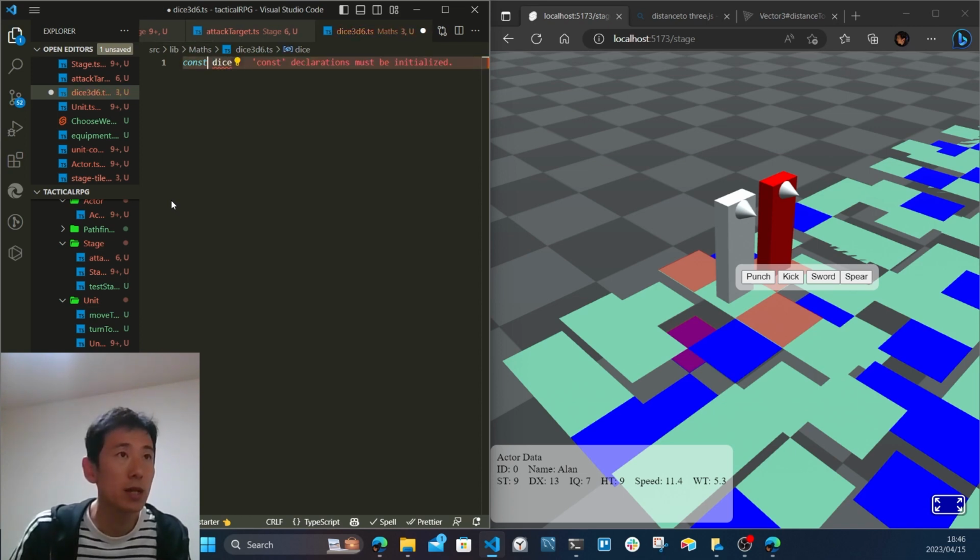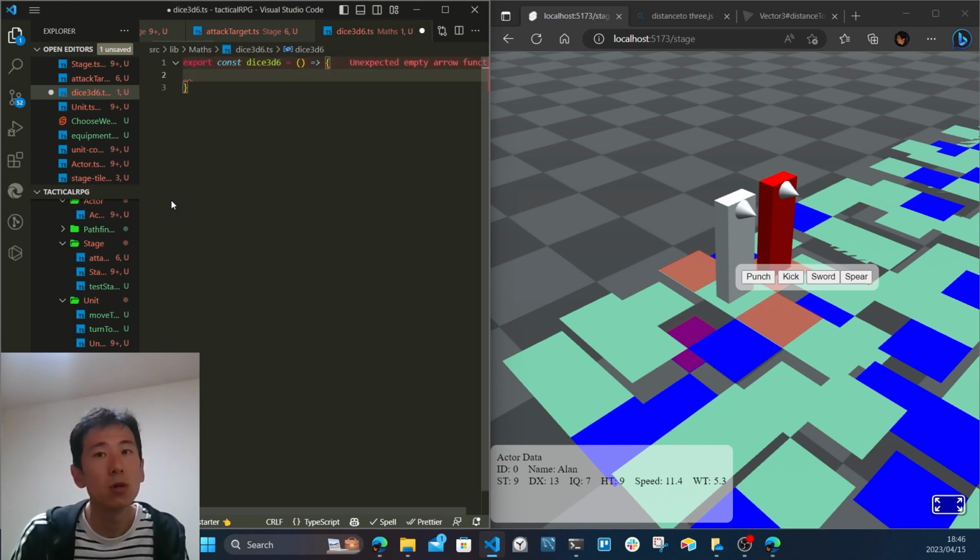it will ask you to roll 3 dice, and if the number is more than your skill level, it's a failure, and if the number is lower than your skill level, then that's a success.